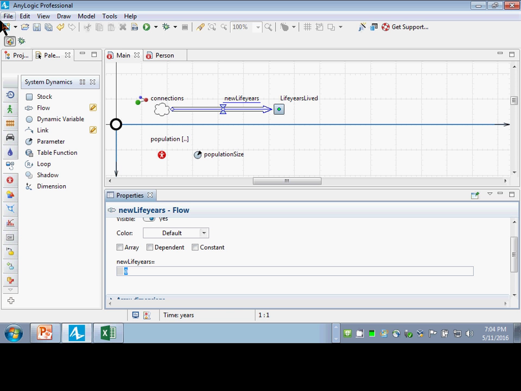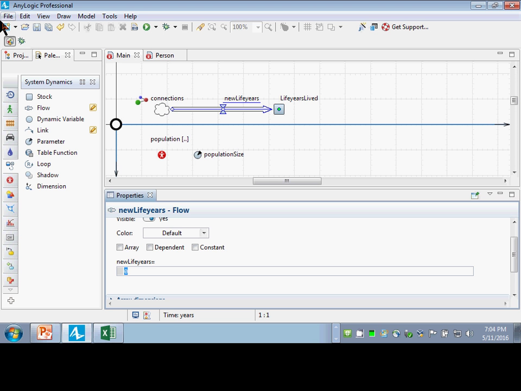But basically you have stocks, which are accumulations, and all you specify for them is their initial value. After that, their value is dictated by flows, flows in and flows out of them. If the flows in total up to more than the flows out, the stock will tend to rise. It's like you have a bathtub and water is coming in faster than it's going out. So the bathtub level will tend to go up.